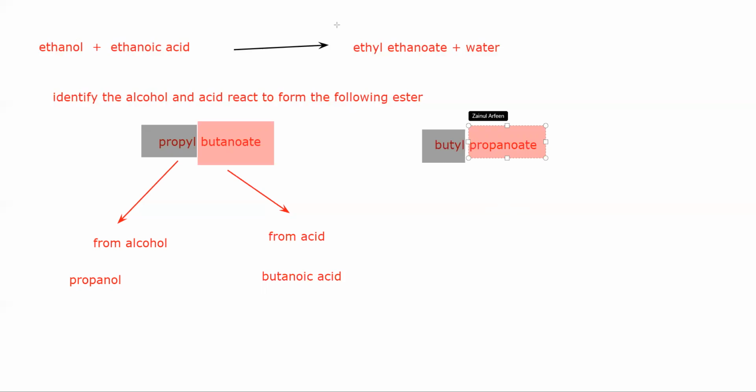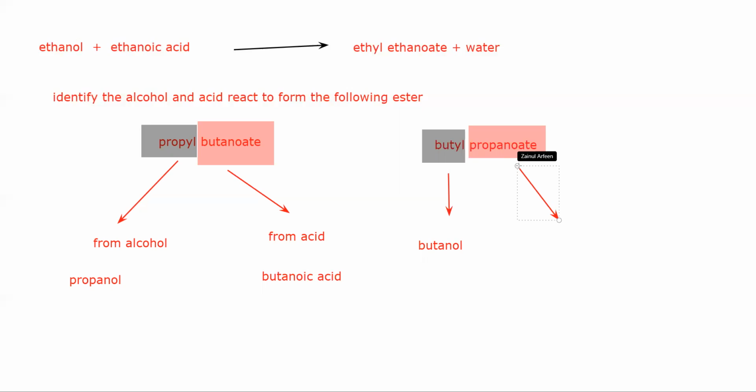The first name is from alcohol, so it will be butanol, not butanoate, butanol.